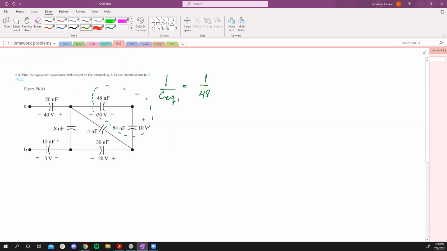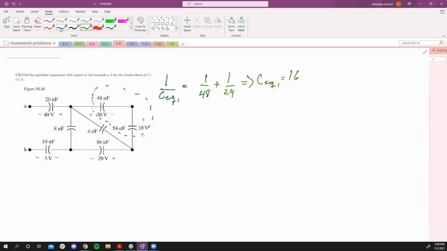And the voltage across these don't really matter. We're looking for the equivalent capacitance, right? So we can just ignore the voltage across each capacitor since we're not really focused on that. So first equivalent capacitance is 16.